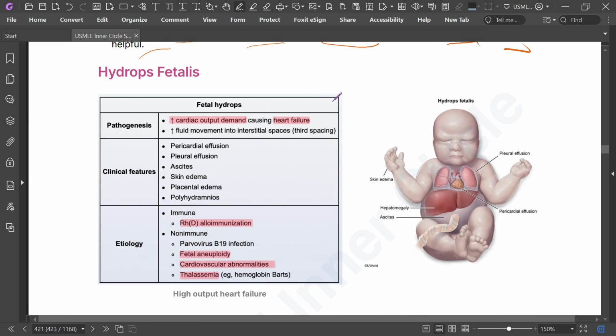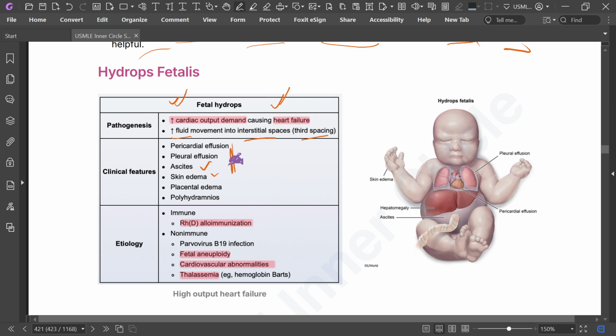Okay, now hydrops fetalis. Look at this baby with hydrops fetalis. Increased cardiac output demand causes heart failure, and there is increased fluid movement into the interstitial space, that is third spacing. Clinical features are pericardial effusion, pleural effusion, fluid in the heart, lungs, and abdomen.